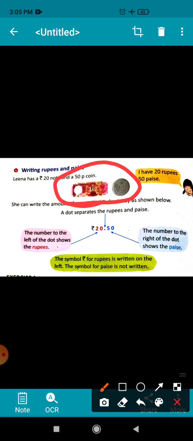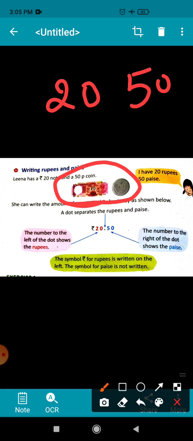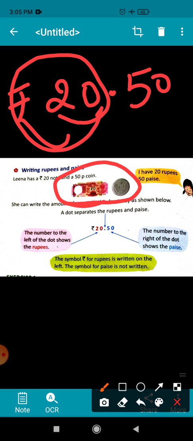You will write rupees and paisa and separate them with a dot. I am showing you how: 20 rupees and then 50 paisa, and you will separate this with a dot, and here you will put the symbol of rupees.